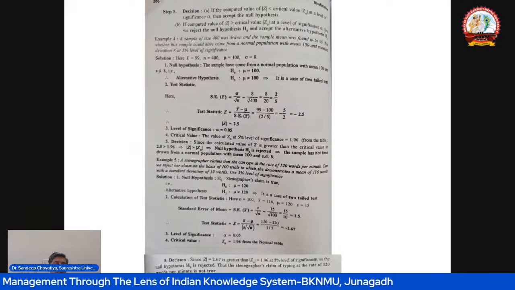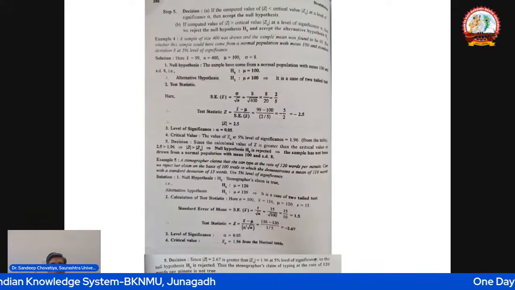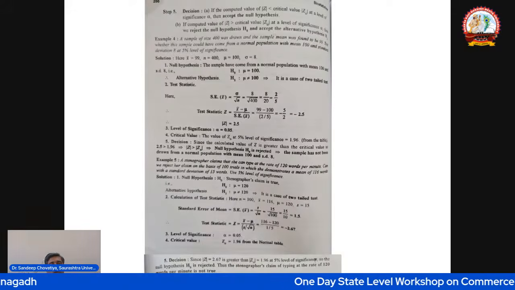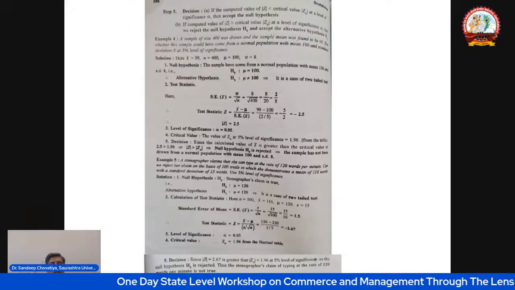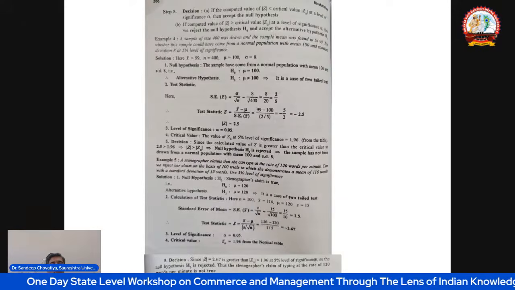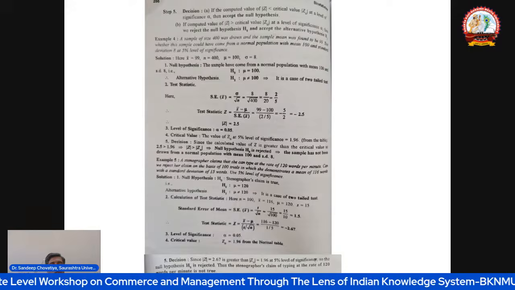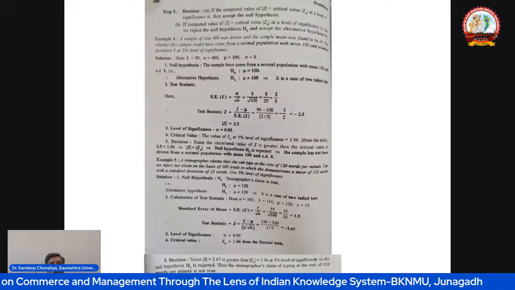Next, the test statistic z is equal to, we know this formula, the sample mean minus population mean divided by standard error. When we simplify this, we get the result of 2.5.